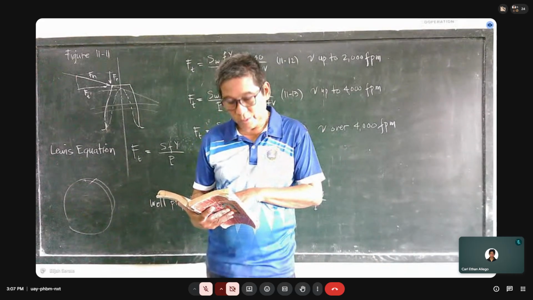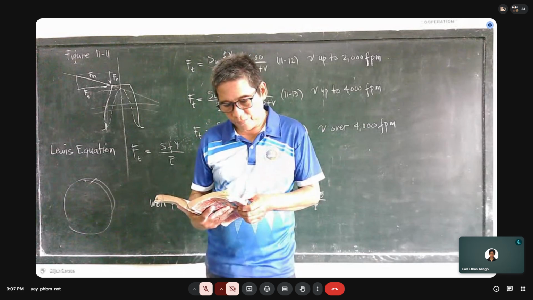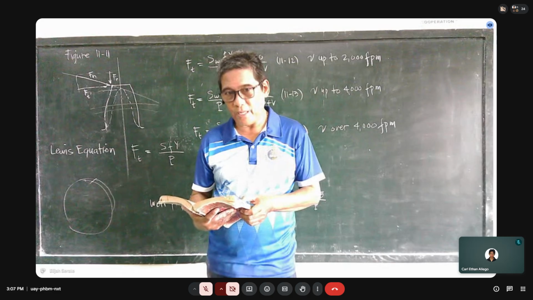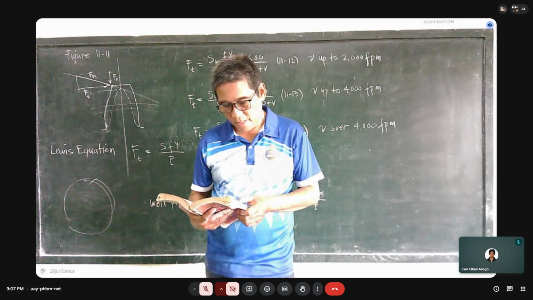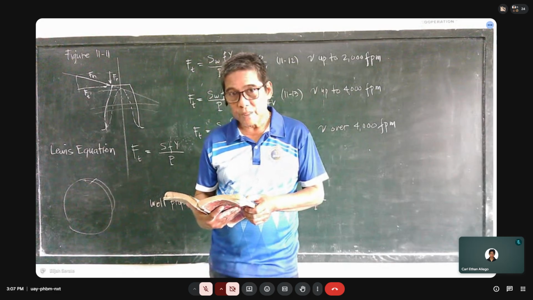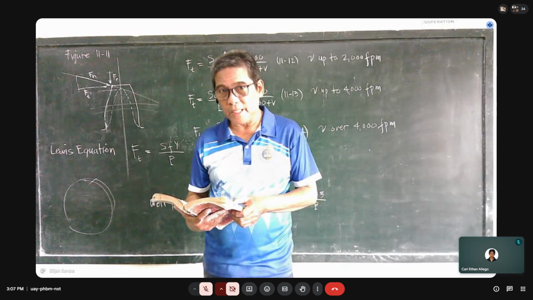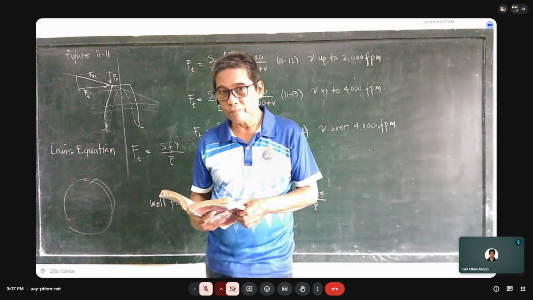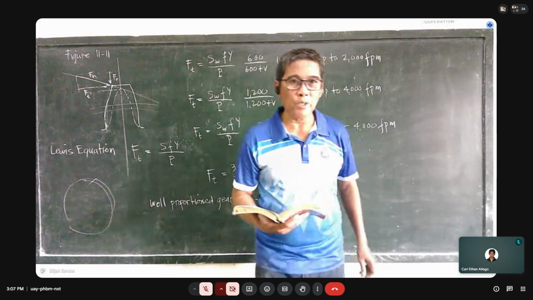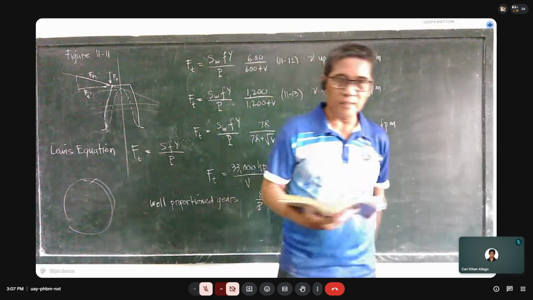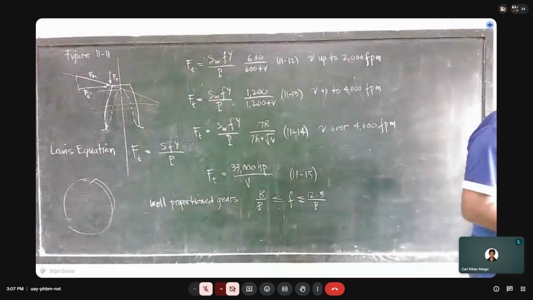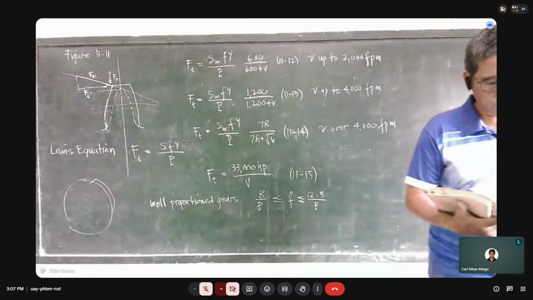From 2: 2 and a half, 3, 3 and a half, 4, 4 and a half, 5. Then from 5: 6, 7, 8, 9, 10, 11, 12. From 12: 14, 16. These are the standard diameter pitch values.